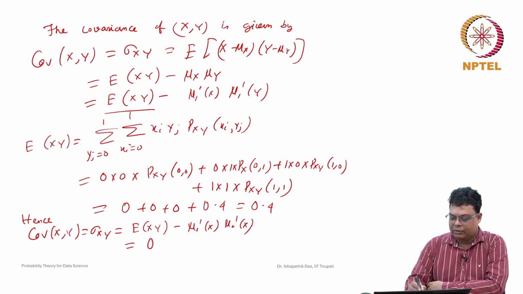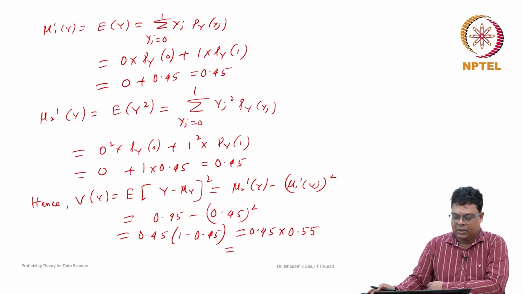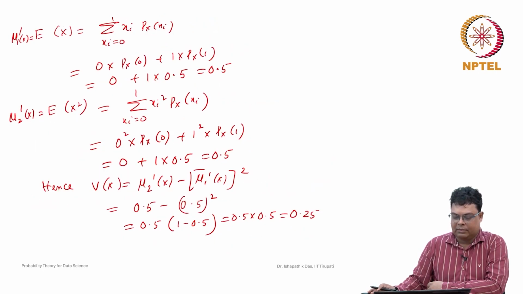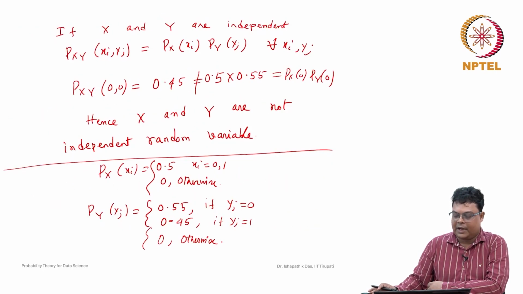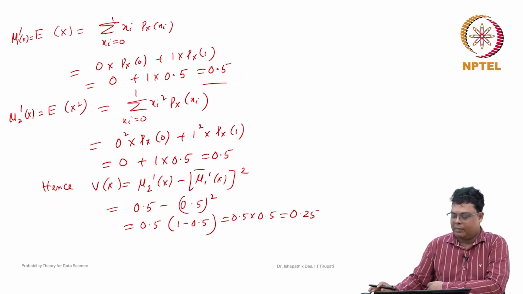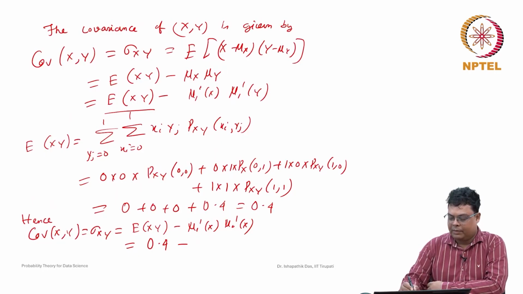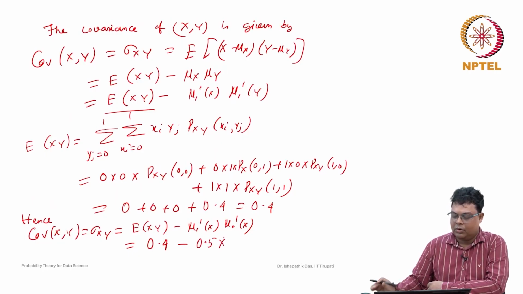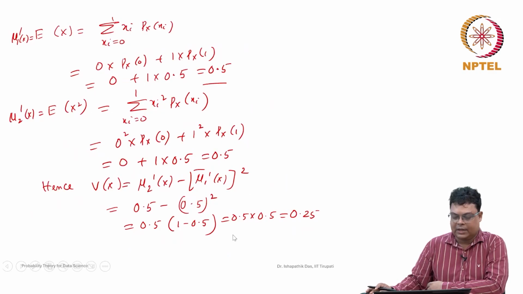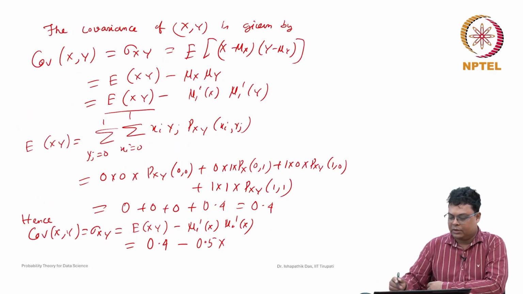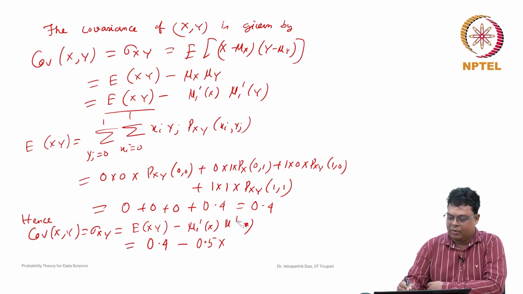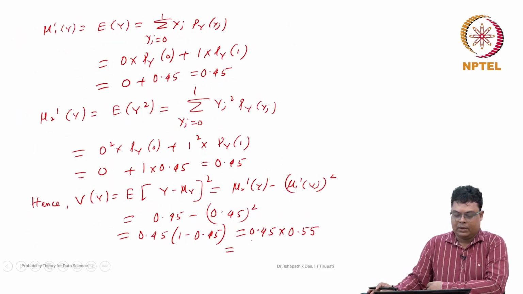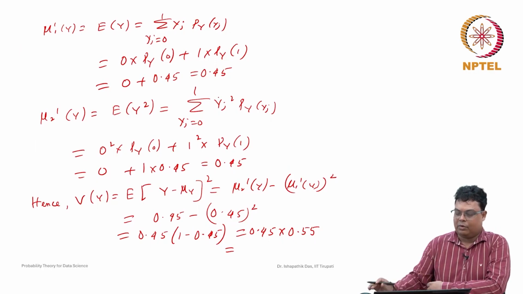The expected value of xy is 0.4 minus mu1 dash, which is just the mean of x, 0.5, which we computed, into mu2 dash y, sorry, it is not x, it is a mistake. So mu1 dash is just mu1 dash y, which we have as 0.45.